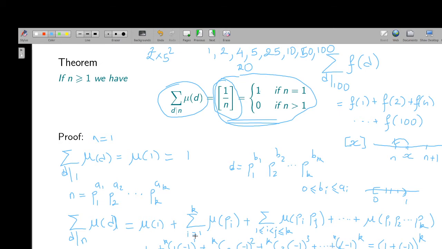So we can see that this sum is equal to 0. So this proves our theorem.